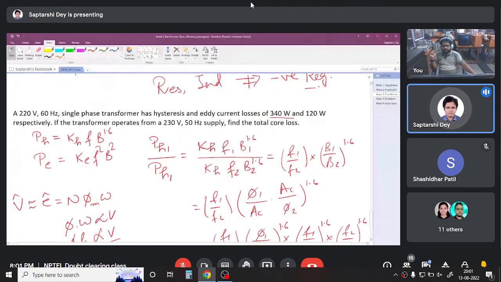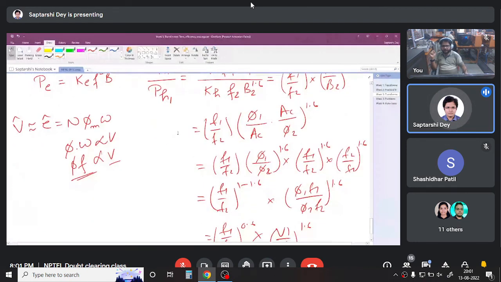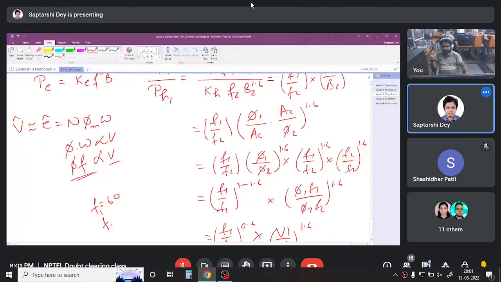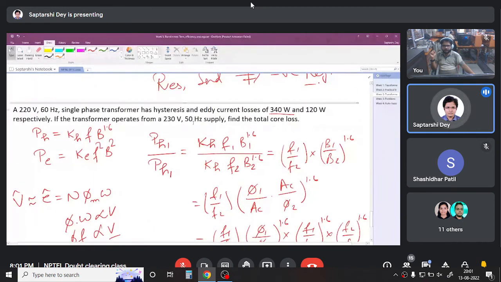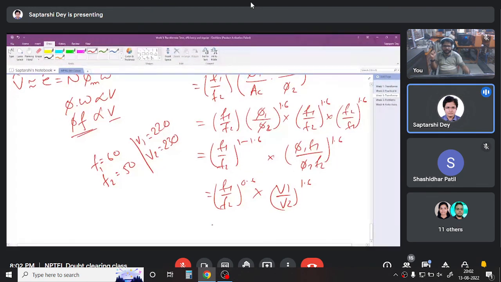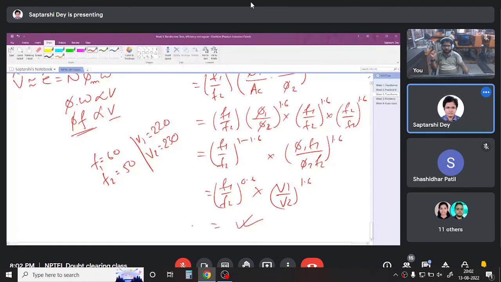Now we will look at the question. We know that f1 is 60, f2 is 50, v1 is 200, v2 is 230. So this right hand side, some value we will get.